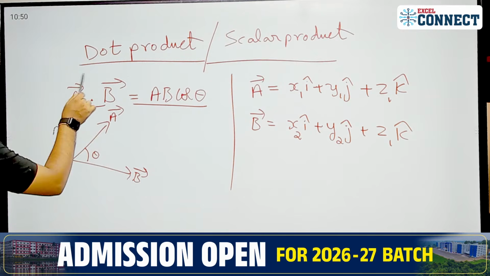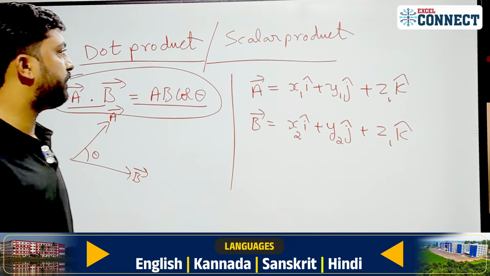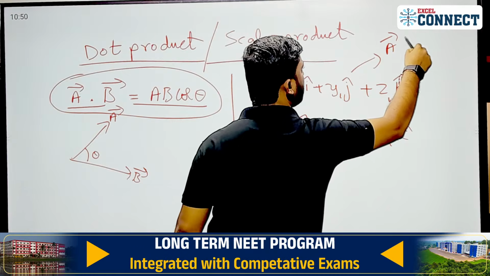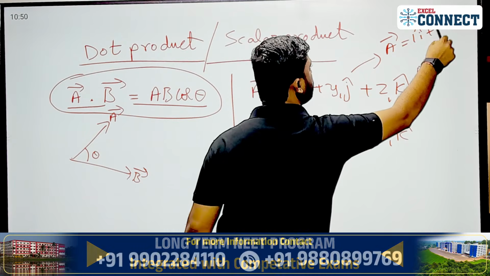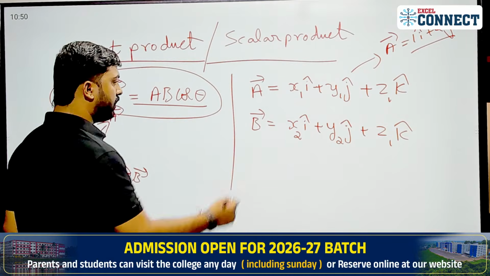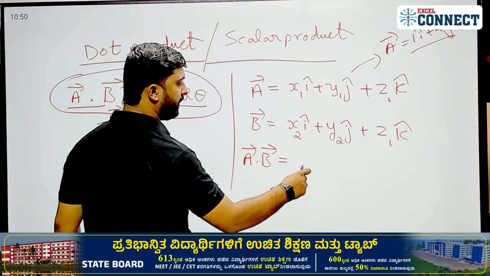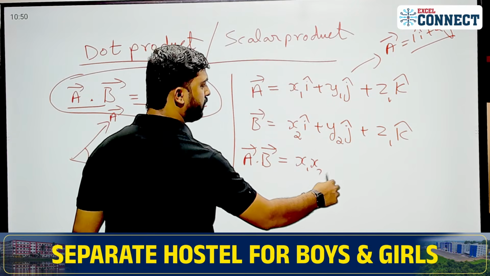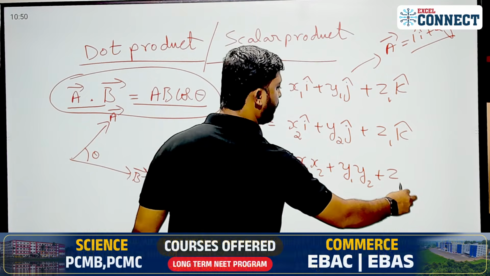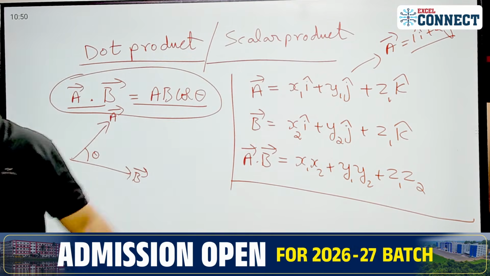Then we can perform dot product by the previous formula. Sometimes the vector is represented by some coordinates. For example, a vector is given as 1 i cap plus 2 j cap. Then dot product is done by this formula: x1 x2 plus y1 y2 plus z1 z2. We have to use this formula, okay.